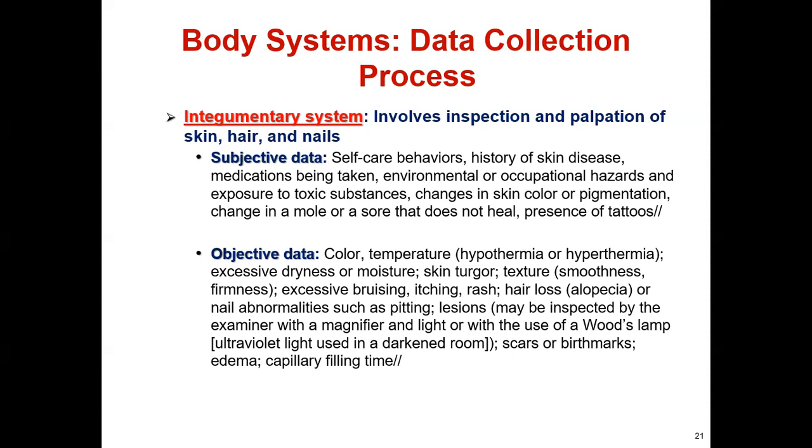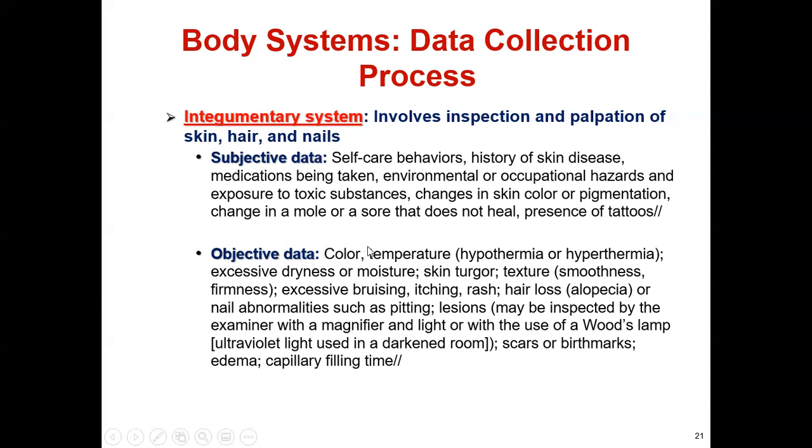So change in the skin color and pigmentation, change in a mole, or a sore that does not heal, meaning an ulcer develops, or the presence of a tattoo should also be included in the history, and it is subjective data.